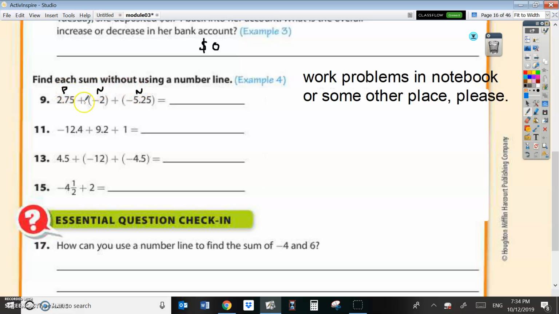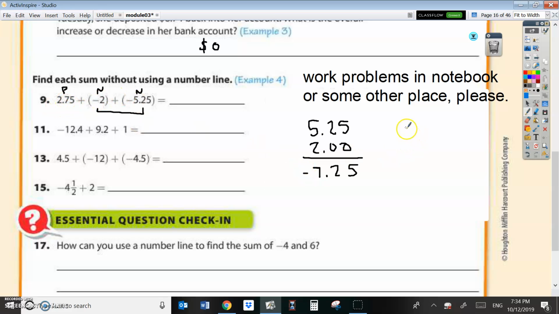So I'm going to combine these. Let me make that look like a 5. And then 2.0. 5 here, 2.725. Remember, that's negative.